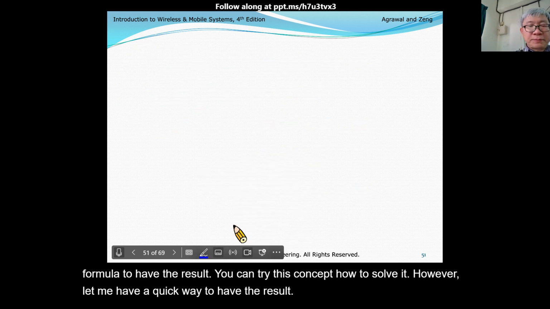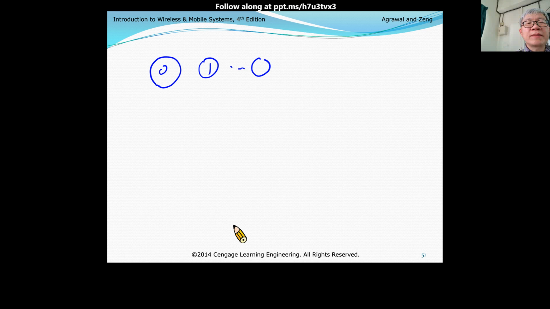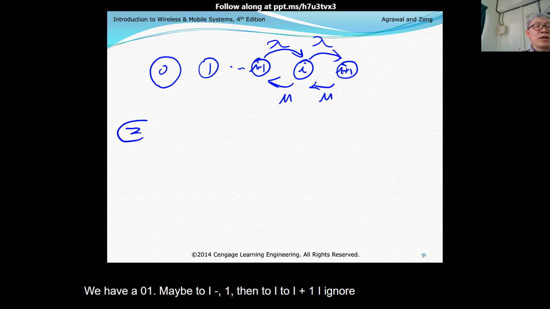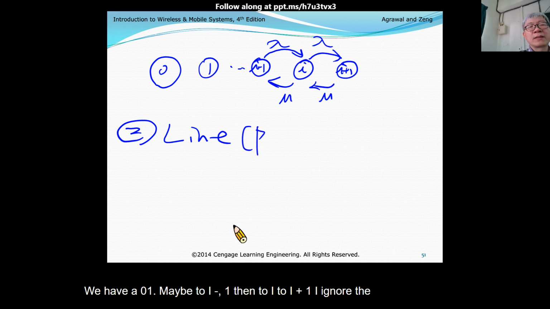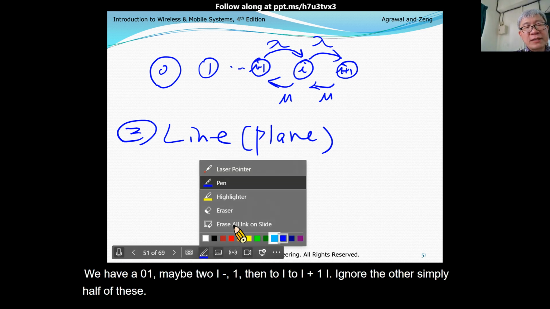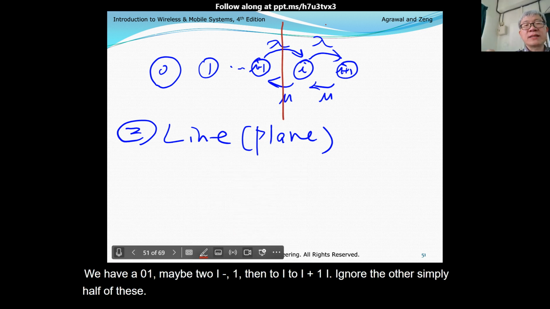Then we have 0, 1, maybe to i minus 1, then to i plus 1. I ignore the others, simply have these. Previously, we used a circle, but the second way, we use a line, or maybe it's a plane. All right, so how to have that? We have these. A cut, it's a line. So which one do we use?